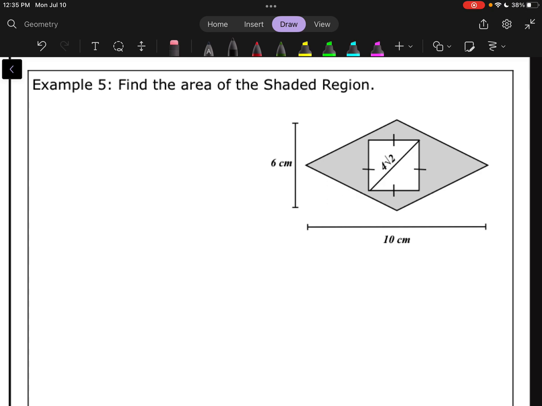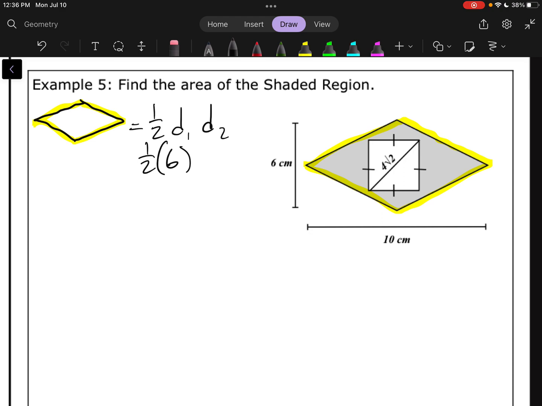But either way, we have the same formula for those. So for the big shape, we are going to do 1/2 d1 d2. So that would just be 1/2 times 6 times 10, which would be 30.